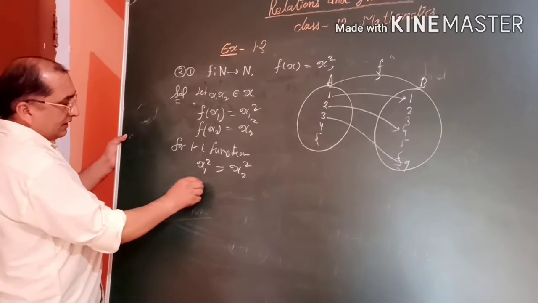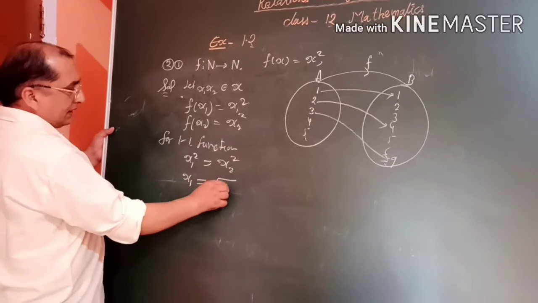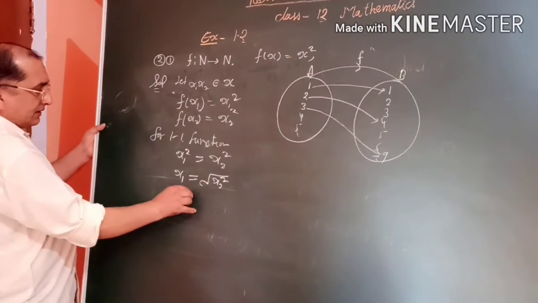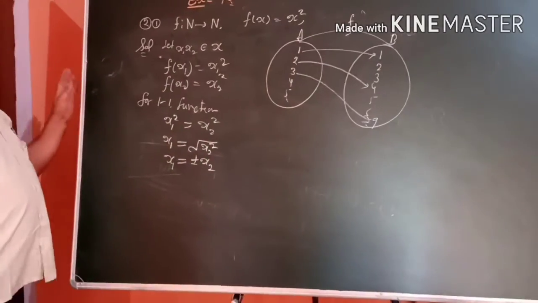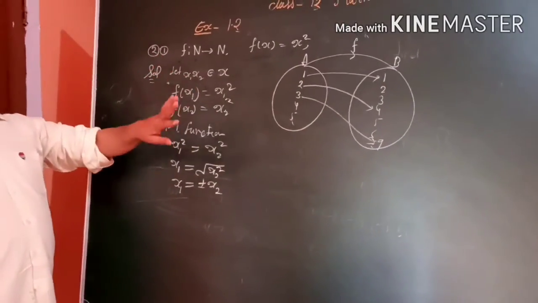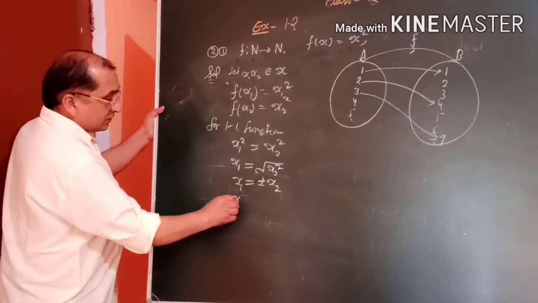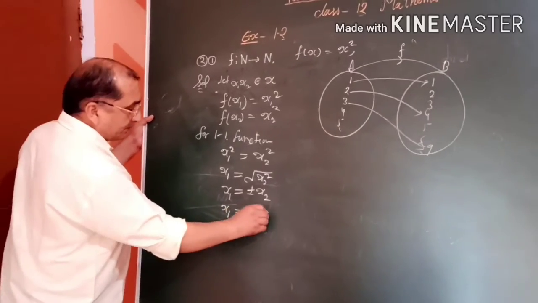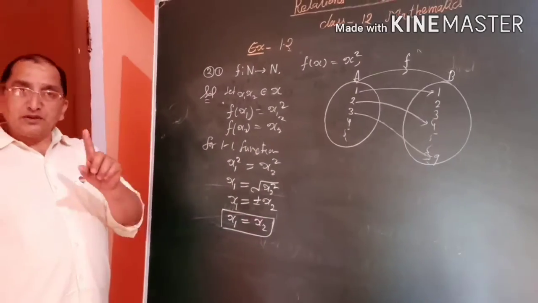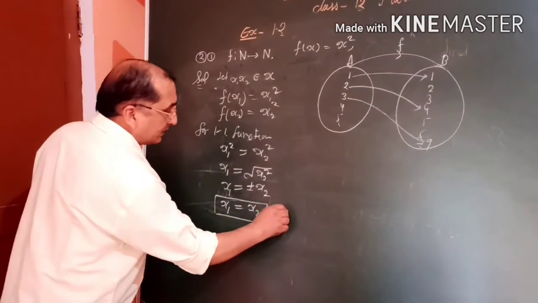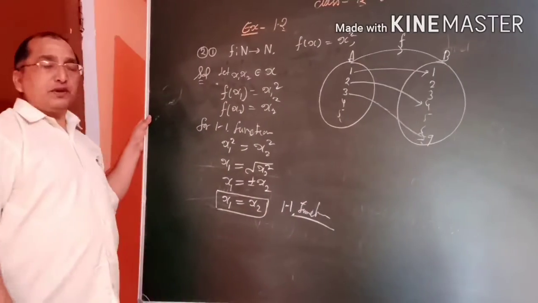After that, x1 equals the square root of x2 square, which can be written as x1 equals plus or minus x2. But in the case of natural numbers, the negative number will never come, so the negative can be cancelled. So x1 equals x2 will come. It means this is a unique element. x1 and x2 both are in the set, and this is a one-one function.